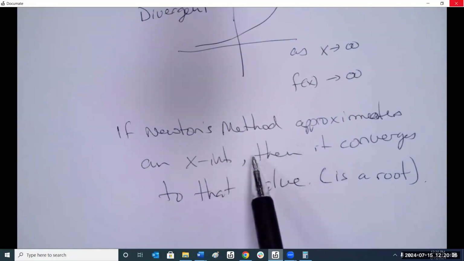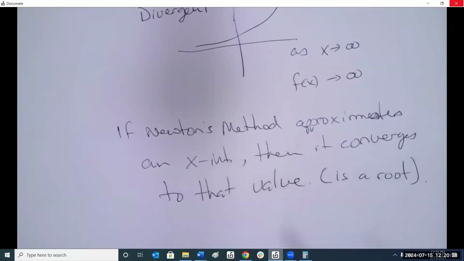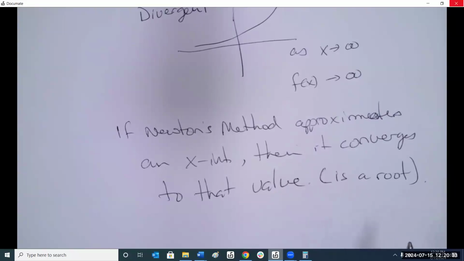So if Newton's method converges, it always converges to a root, and a root is the x-intercept.